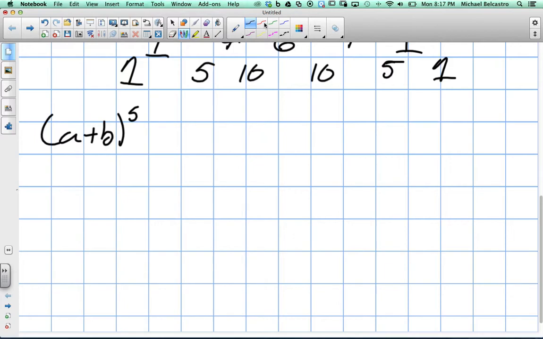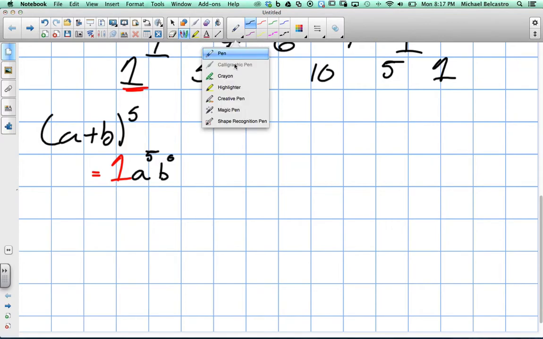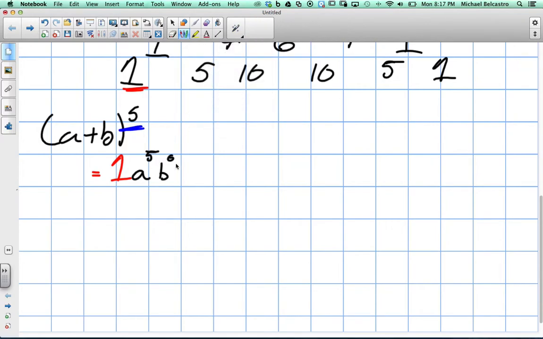So we're going to have our coefficient 1, and then we have a to the power of 5. And technically we have b to the power of 0. Our exponents always have to add up to what our power is here. So we have our 1a^5b^0. Then our next coefficient is 5.